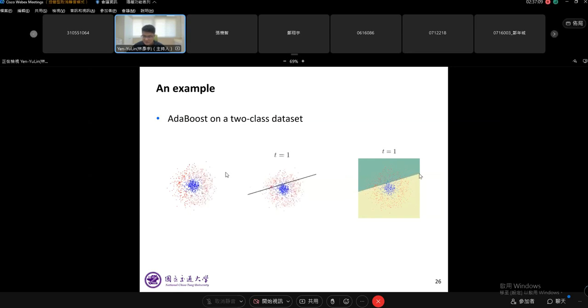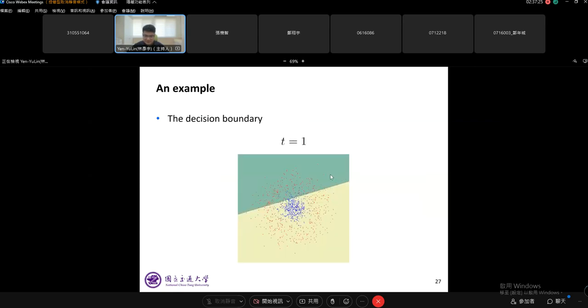Similarly, I use a yellow shaded region to indicate the decision region of class blue. This is the output of the first iteration. I enlarge the decision boundary and the two decision regions after choosing the first weak learner.